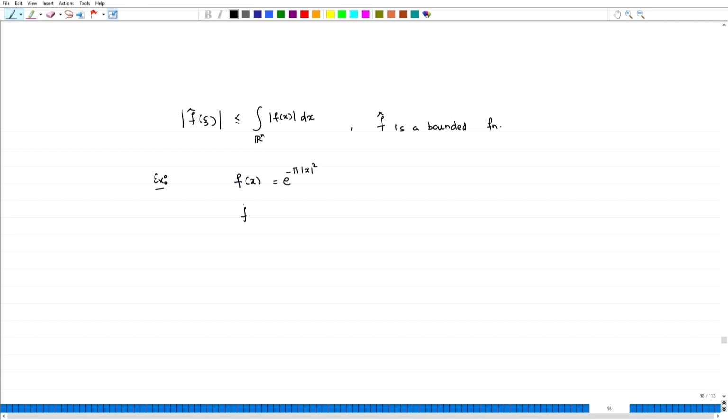So, now f hat of xi is equal to the integral over R^n of e to the power minus pi x_1 squared, times e to the power minus pi x_2 squared, up to e to the power minus pi x_n squared, and then e to the power minus 2 pi i x_1 xi_1, e to the power minus 2 pi i x_2 xi_2, and e to the power minus 2 pi i x_n xi_n, that is the dot product, and then dx_1, dx_2, and dx_n.